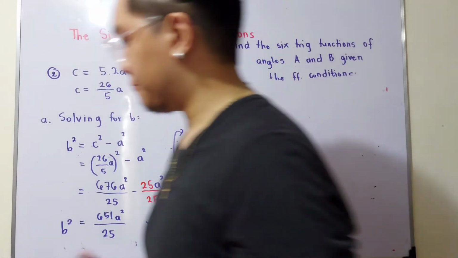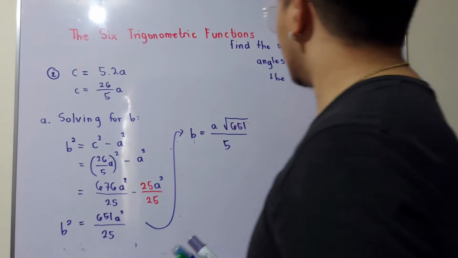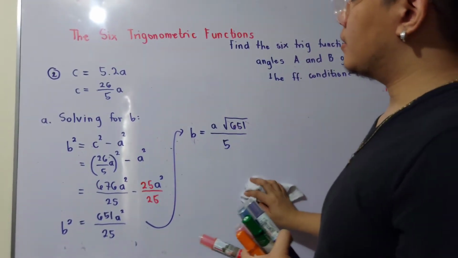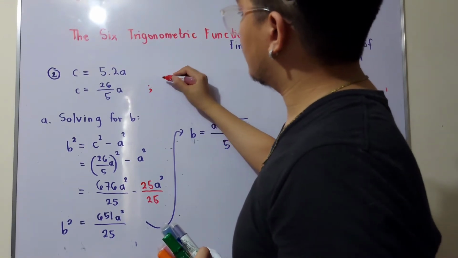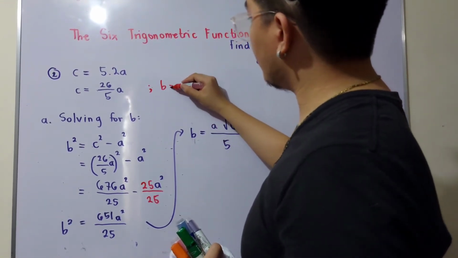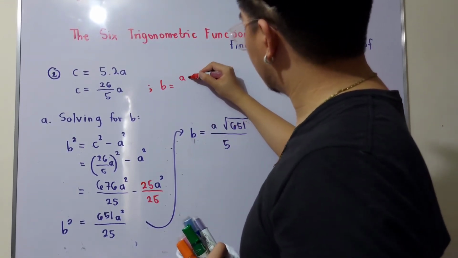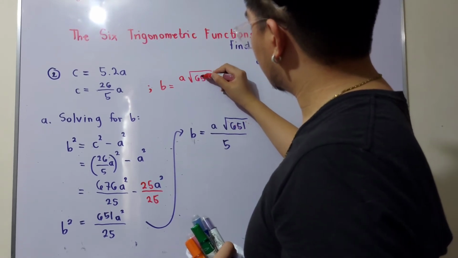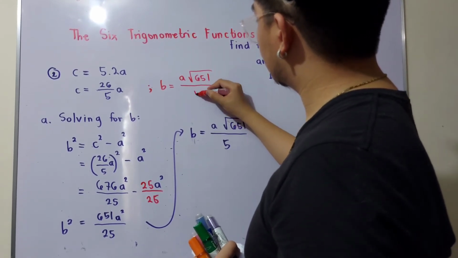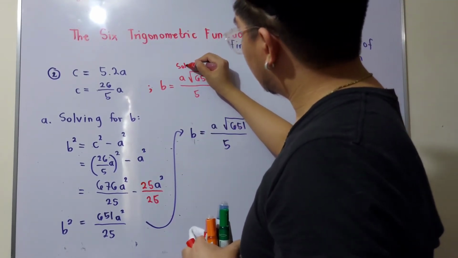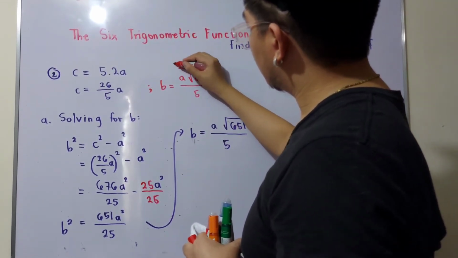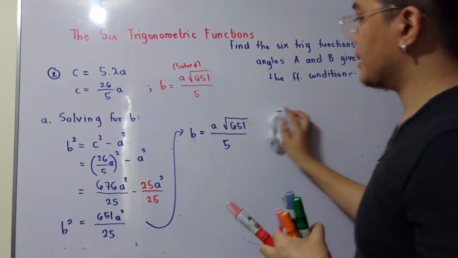Okay. Subukan na natin mag-solve. Sulat na natin dito yung B ay equal sa square root ng 651 A over 5.